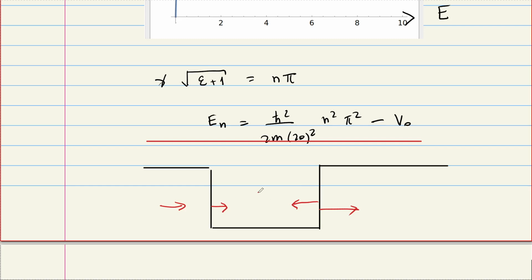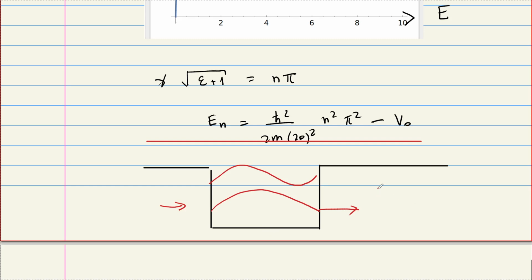And if the wavelength is perfectly matching the width of the well, what happens is something like this, for example. There is no reflection because you resonate with the well. Or if you are like this, again, you resonate with the well, you reflect, come back, reflect again, and you have perfect transmission.